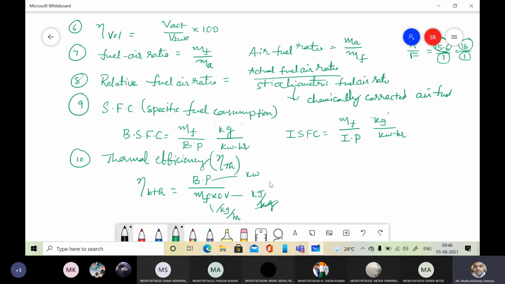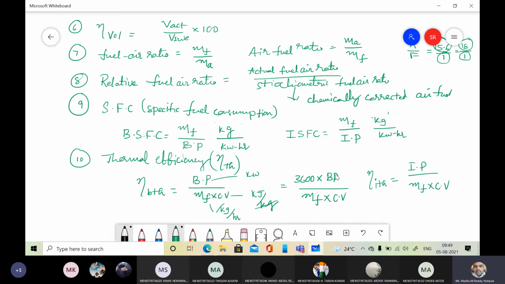If you multiply by 3600 in the numerator, it will be balanced: mass of fuel into calorific value, provided the units of BP are kilowatt, the units of mass of fuel are kg per hour, and calorific value is kilojoules per kg. We need to multiply with 3600 as the conversion factor in order to balance the units. Then there are no units at all. Then indicated thermal efficiency is equal to indicated power developed divided by mass of fuel into calorific value.